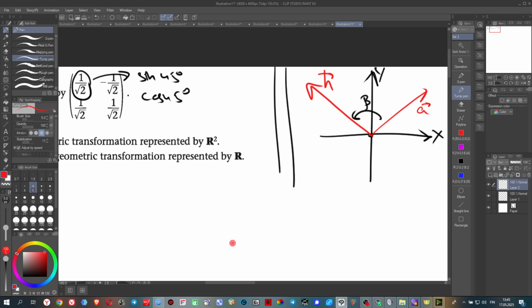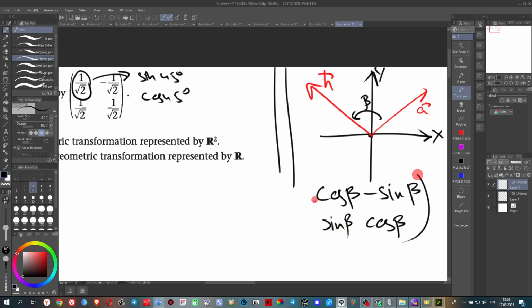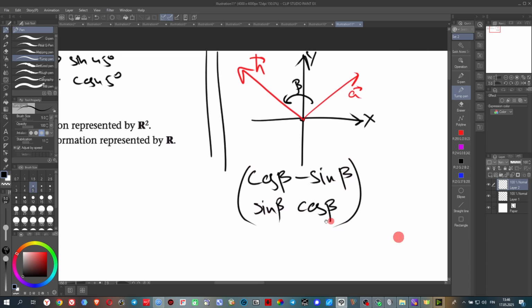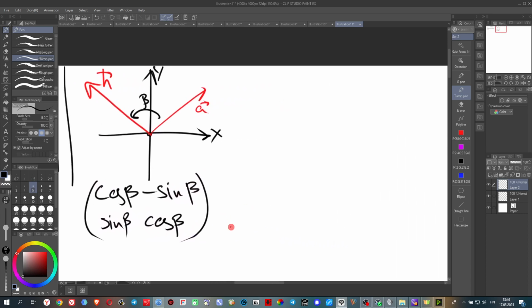This rotation around the origin by an angle beta has its own matrix. This matrix always looks like cosine beta, minus sine beta, and sine beta, cosine beta. It's very easy to remember, but I will show you later how not to remember it. You can always derive it. In this case, it is a rotation matrix, rotation with respect to the origin by an angle beta.